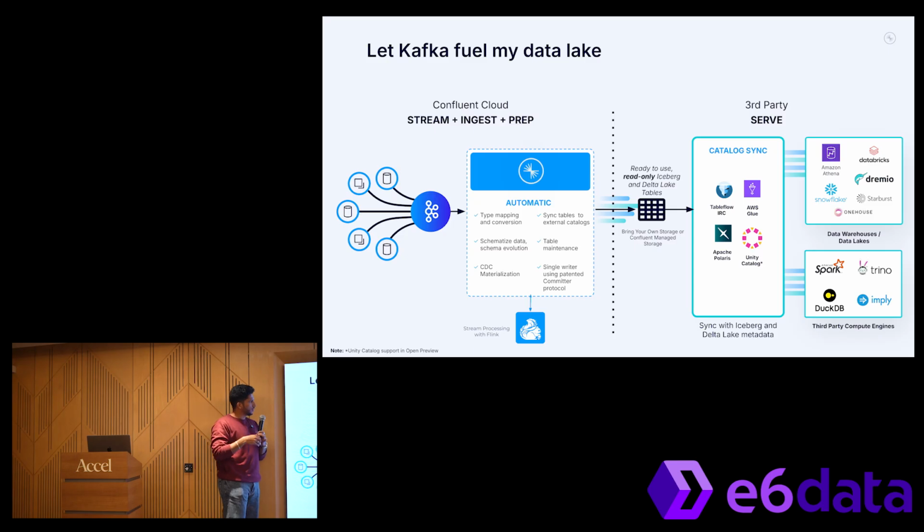So what we have done is the stream is divided into two. The first part is already materialized into Parquet. The second part is the new data which is not yet there. So if you run queries in Confluent Cloud Flink, it utilizes both. You use the Parquet for the old data, and for the new data you get it from Kafka. So you have sub-second latency on your queries.